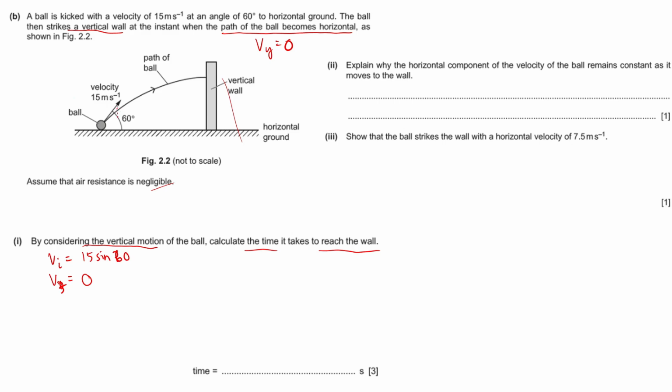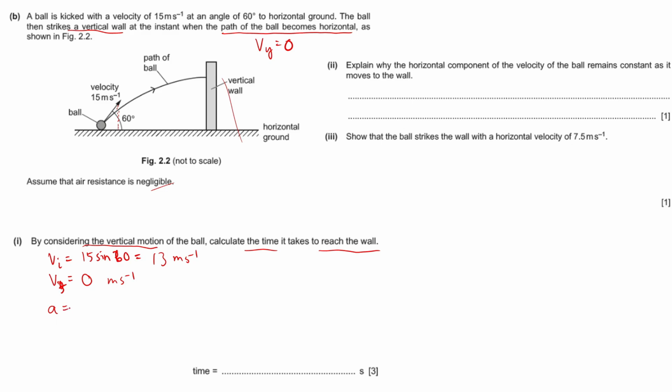This is because we take the initial velocity of the ball when it's kicked, right? So this is the initial, and then the final is over here. So it turns out this is around 13. It's 12.99, but you can just do 13. 13 meters per second and 0 meters per second.